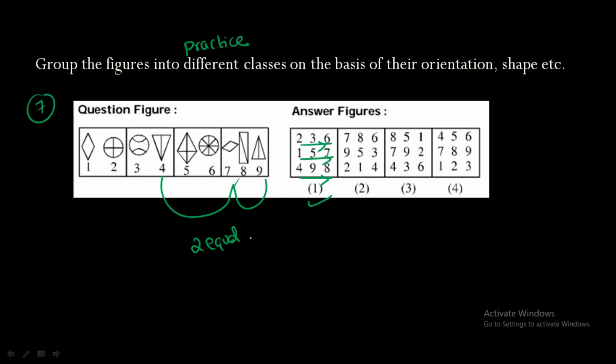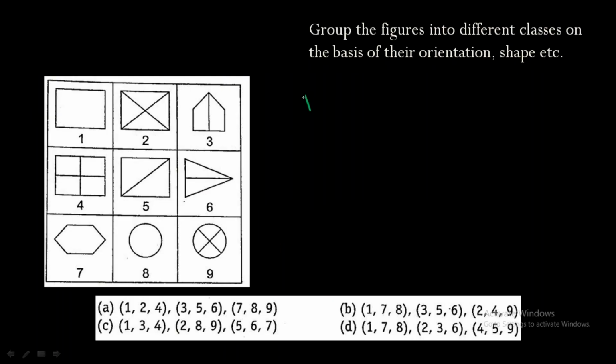In fact, this is not for practice, we've given you the key as well. Two equal parts, remaining you can map. What about 1, 5, and 7? All those are rhombus. This 4, 8, 9 are two equal parts. This is for your practice, I won't discuss this, you practice this.